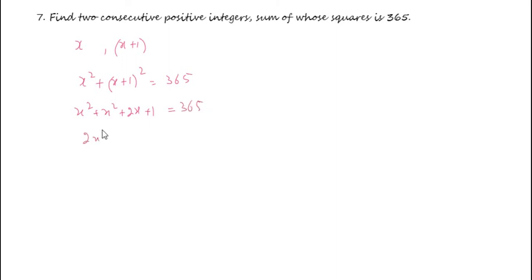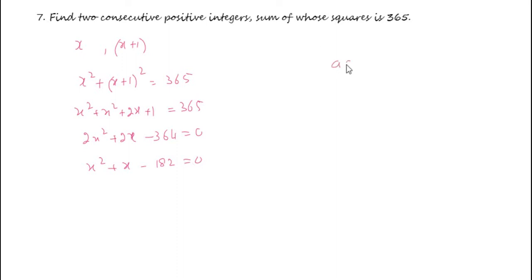2x square plus 2x, 365 if we take to the left, that is minus 365 plus 1, minus 364, equal to 0. Dividing every term by 2, x square plus x minus 182 equal to 0.